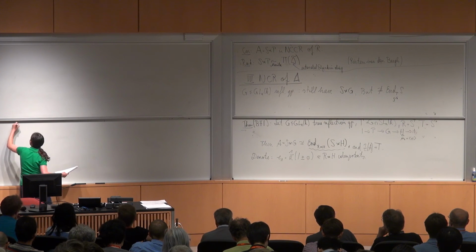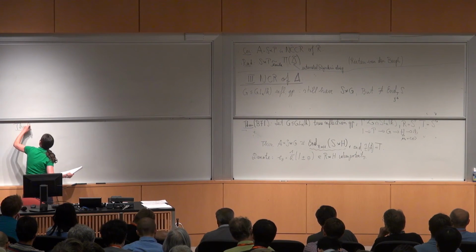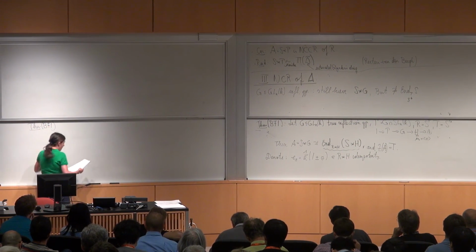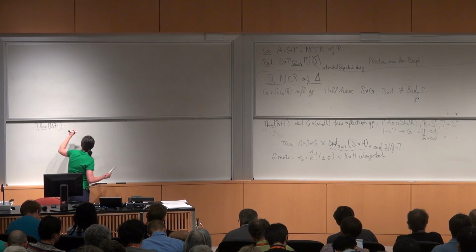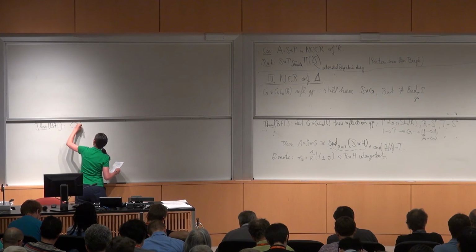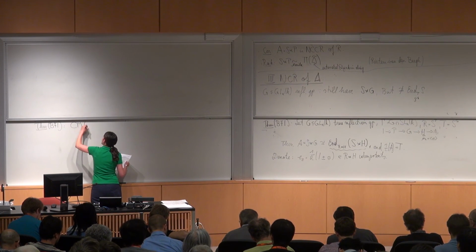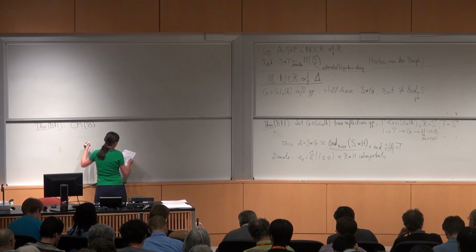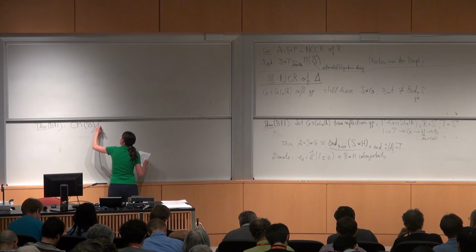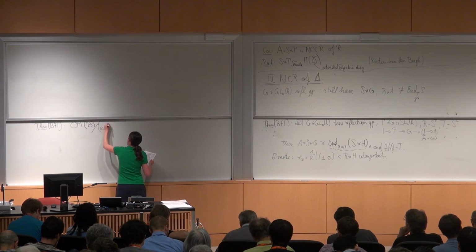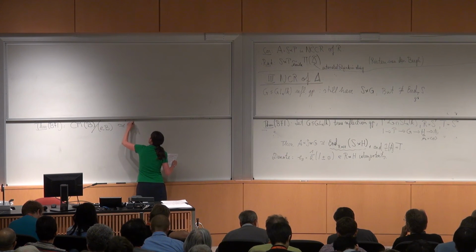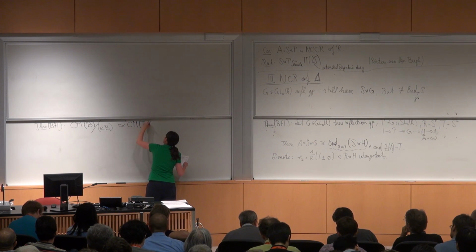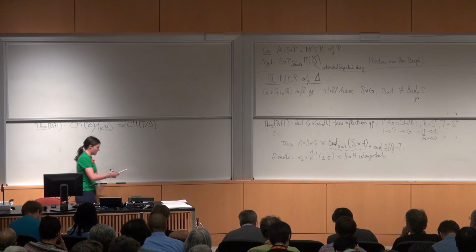But the next theorem is the following. We can show this is an equivalence on the level of maximal Cohen-Macaulay modules. Namely, if we mod out by the ideal B minus B, this is equivalent to the maximal Cohen-Macaulay modules over the discriminant.